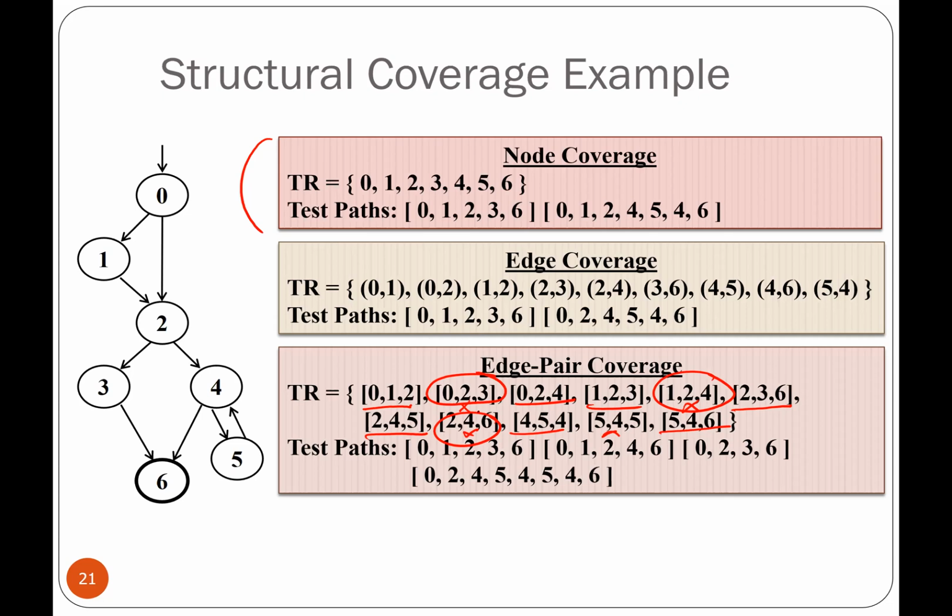And so I would have needed something to take me through them. One thing I'm missing is going like this, that's 0, 2, 3. Another thing I'm missing is going like that, 1, 2, 4. Another thing I'm missing is 5, 4, 5, so going like this. So at least for this one, I have to come up with a test case.